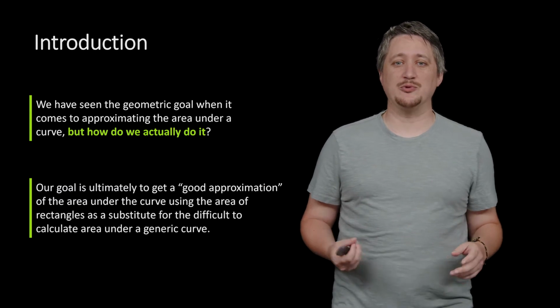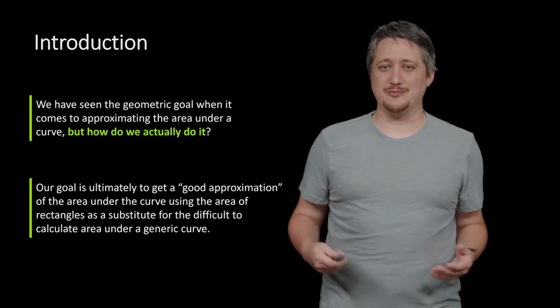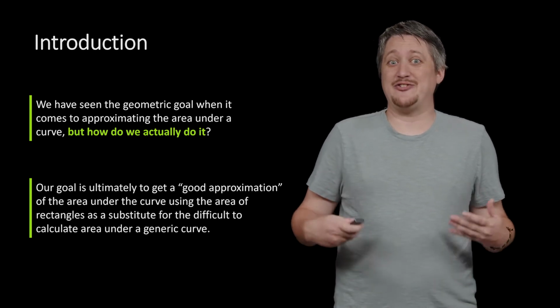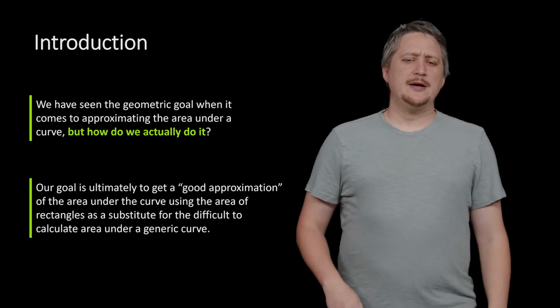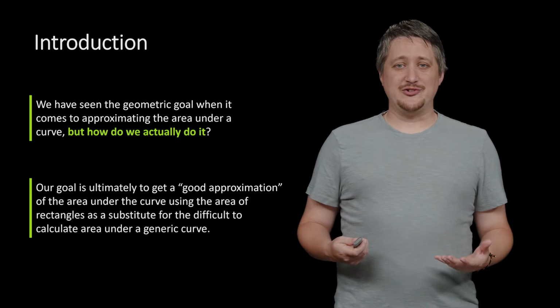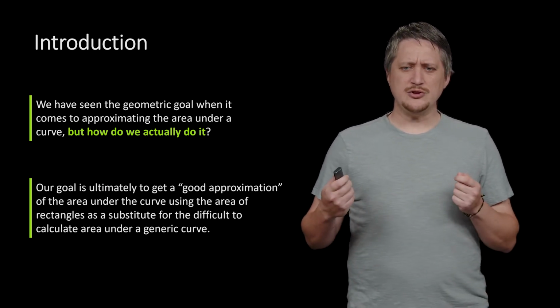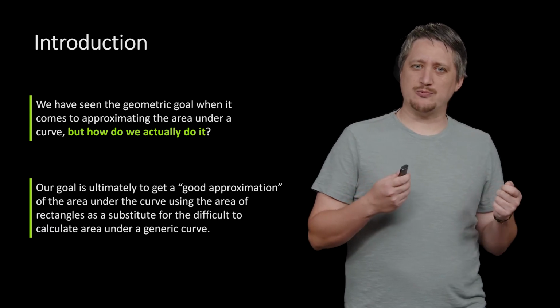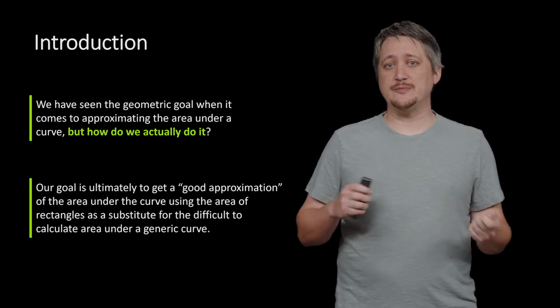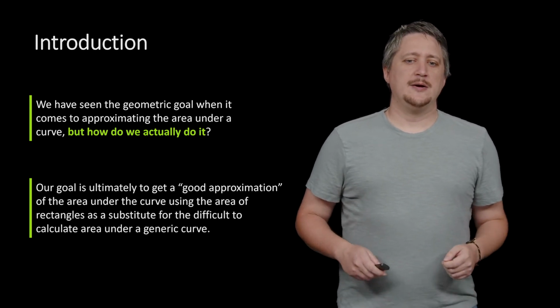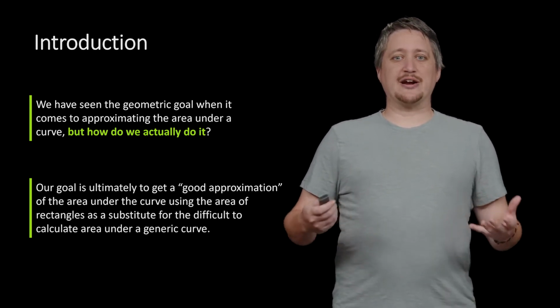Our goal is to get a good approximation, whatever that means, which again is something we will have to tackle. So we want a good approximation of these curved-edged things, this area under the curve, using this rectangle method as a substitute, because we can't evaluate it directly for a generic curve.